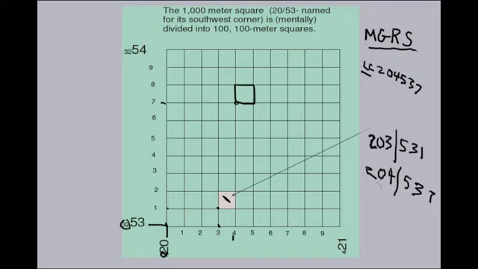So instead of saying my coordinates are 204 by 537, using the military system, once again, we still know we're in zone 17R. I would say my coordinates are Lima Charlie 204537.